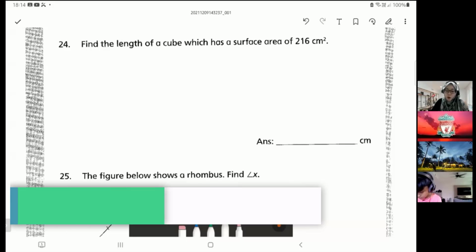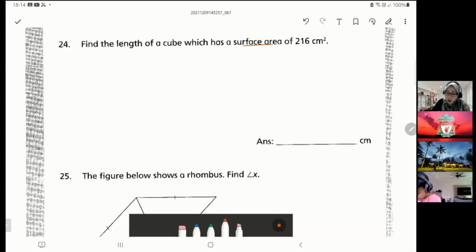Find the length of a cube which has a surface area of 216 cm squared. If you do not know what a cube looks like, you can draw out the cube. I encourage you all to draw out your diagrams. If you're not sure how the diagram looks, draw them out to know how they are. This is a cube, right?